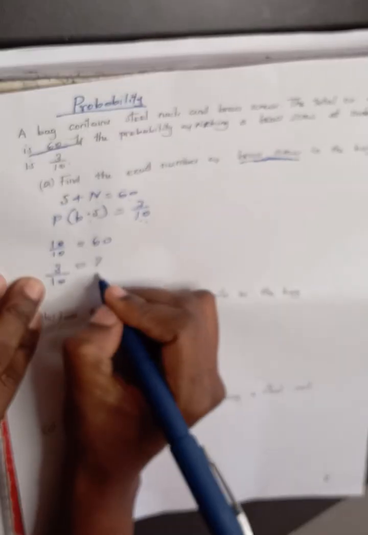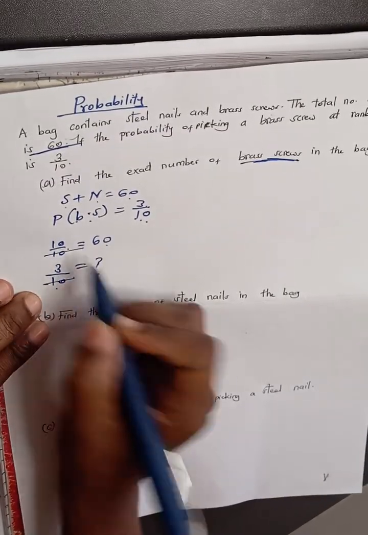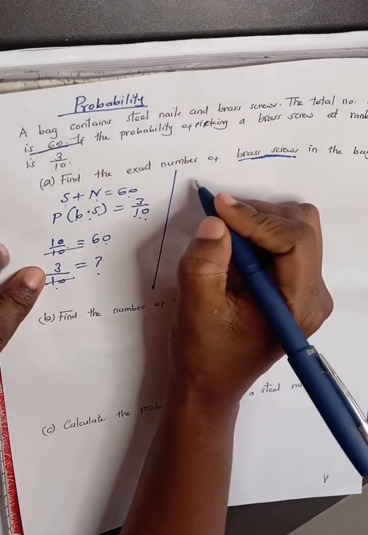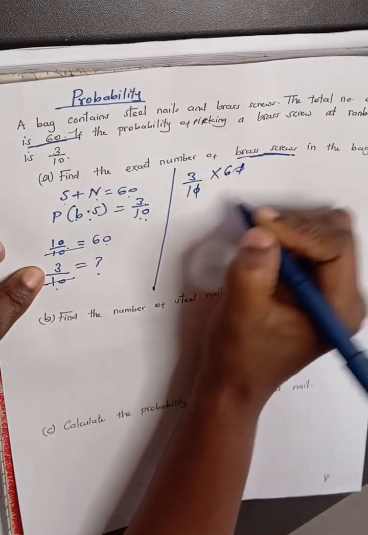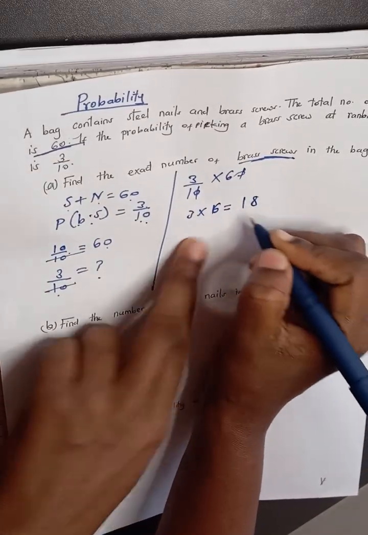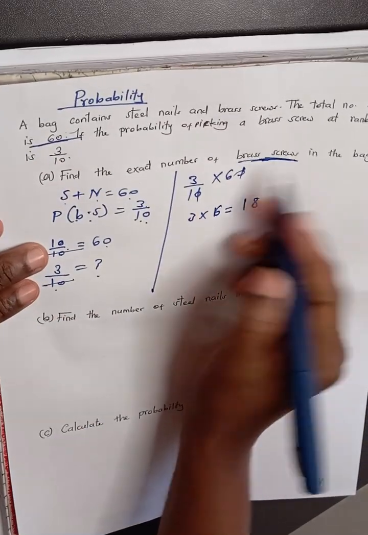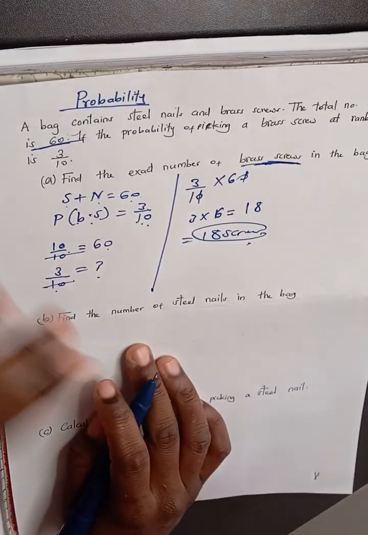So since 10/10 is 60, how about 3/10? The zeros cancel. Now it will be 3/10 times 60, 3 times 6 is equal to 18. So the number of screws is equal to 18 screws. That's one way to get it.